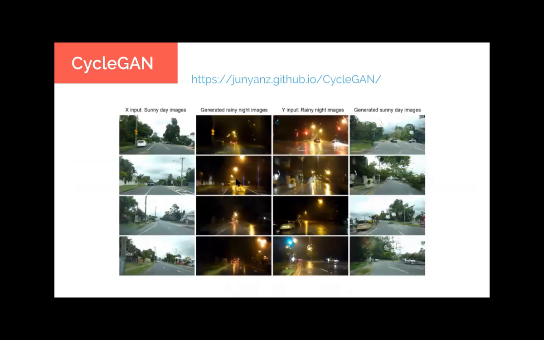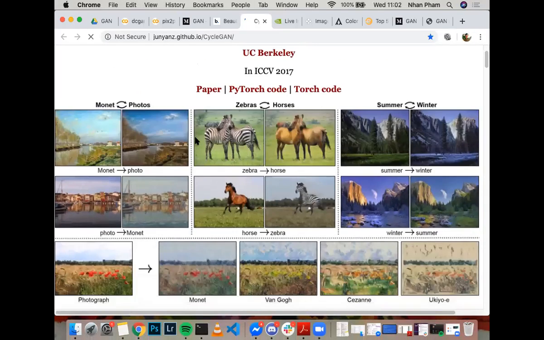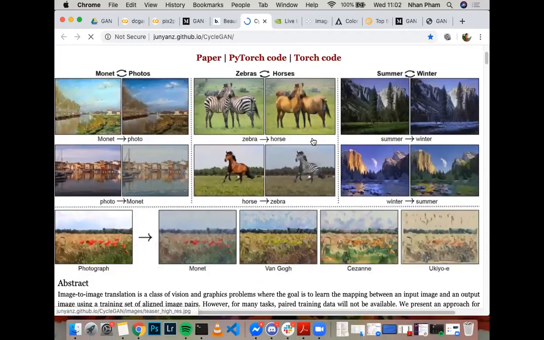This one is used for automatically driven cars. They can change a sunny day into a rainy night or from a rainy night into a sunny day, so the car can see the street better. Let's take a look at it. This one is research from UC Berkeley.